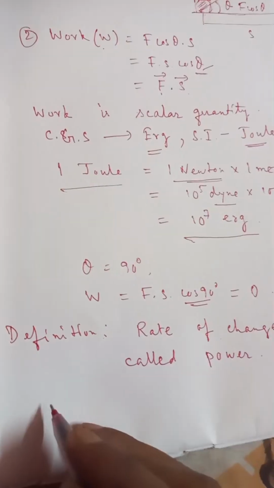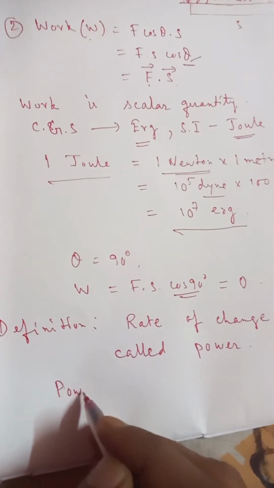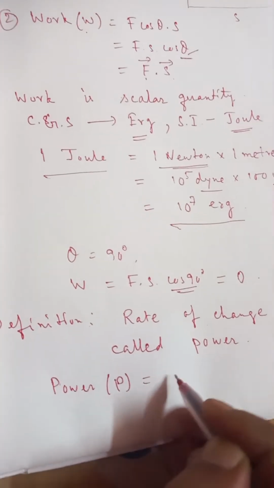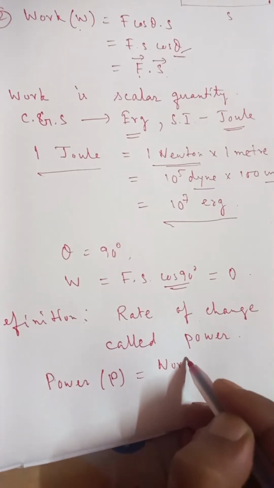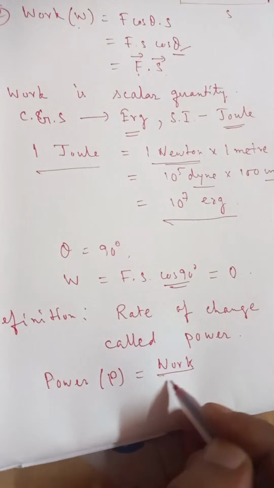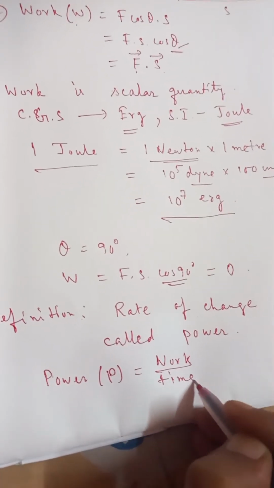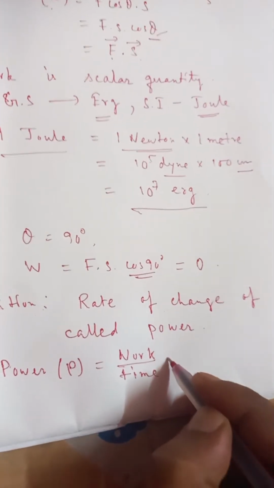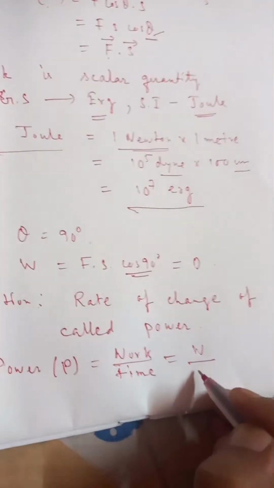It can be numerically represented in this way. Power P is equal to work done and the time taken to perform this work. So work is W and time is T.